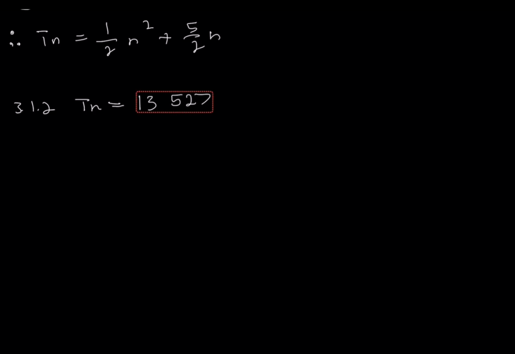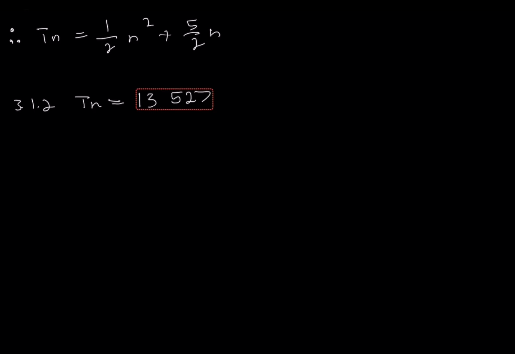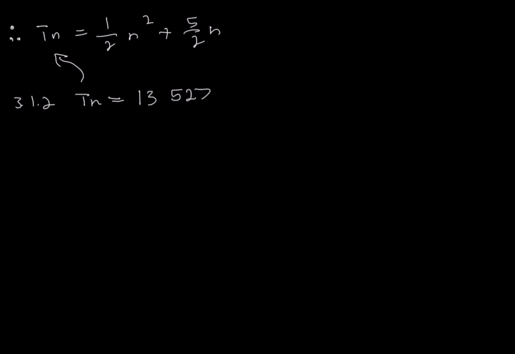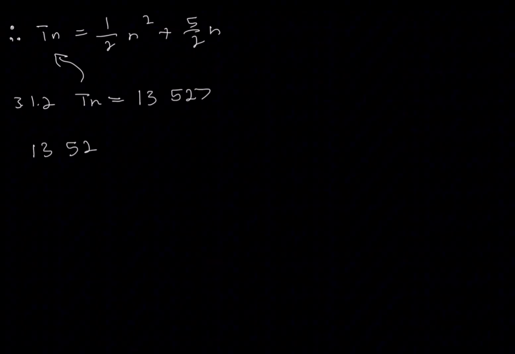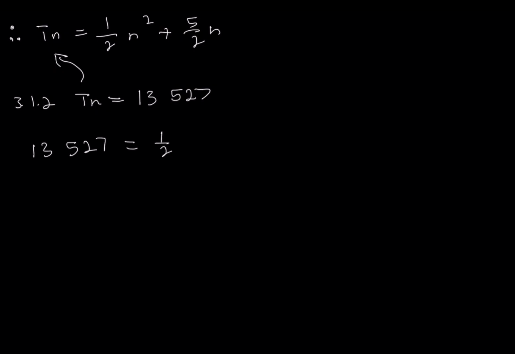This is what we have. This is what we can work with at the moment. So, what are we going to do? We know that Tn is equal to that general equation. Therefore, 13,527 equals 1 over 2 n squared plus 5 over 2 n. Okay, good.